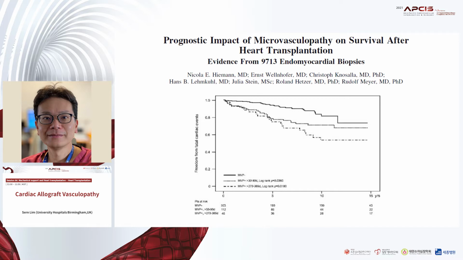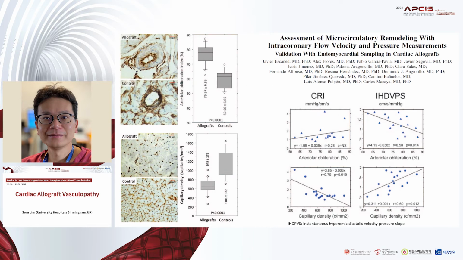And now with more widespread use of coronary flow assessments, pressure and flow wires, for example, we're able to quantify the myocardial blood flow during angiography. This is a study that correlated the changes on histology, so changes in the arterioles and capillary density, with invasively measured flow characteristics in the coronary arteries.